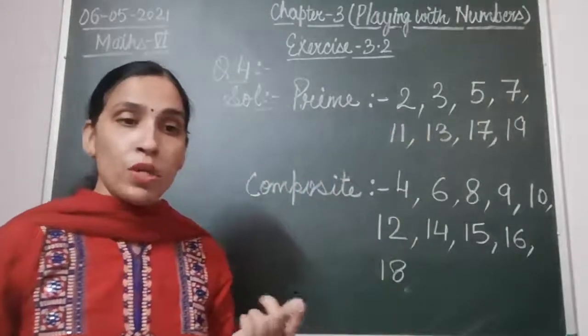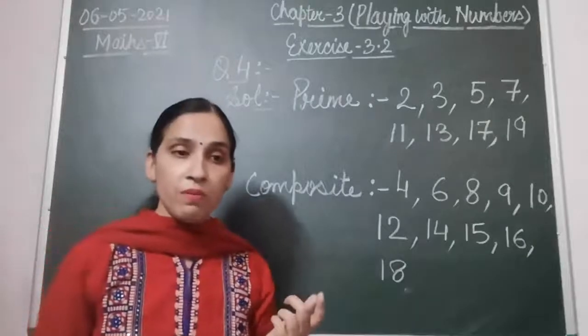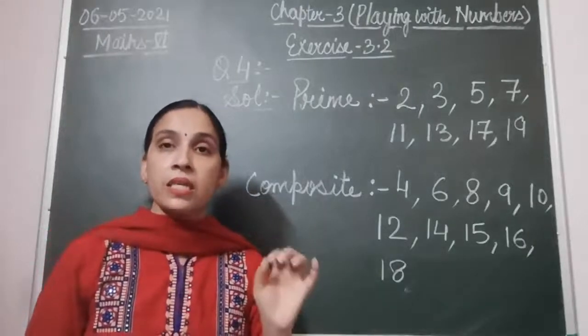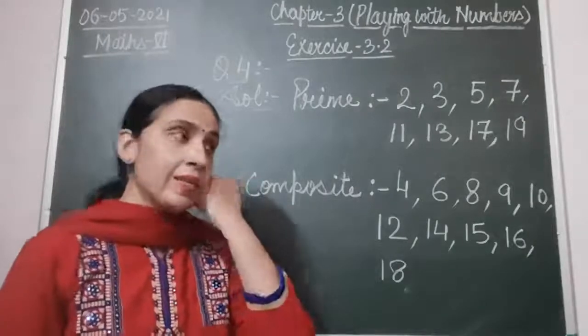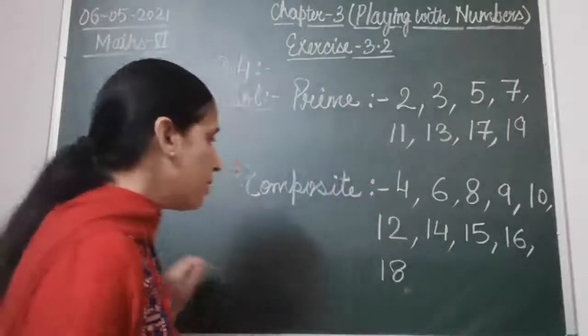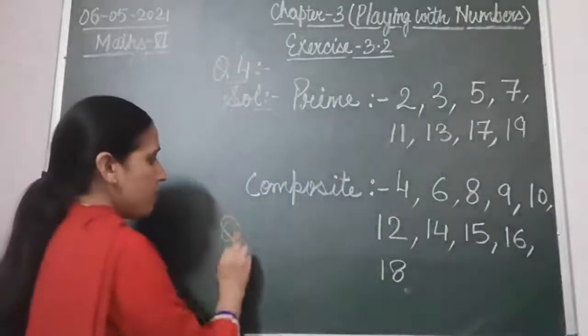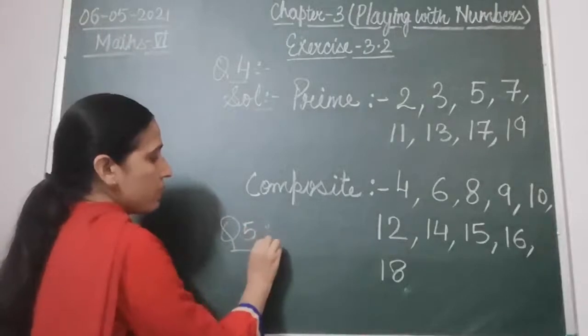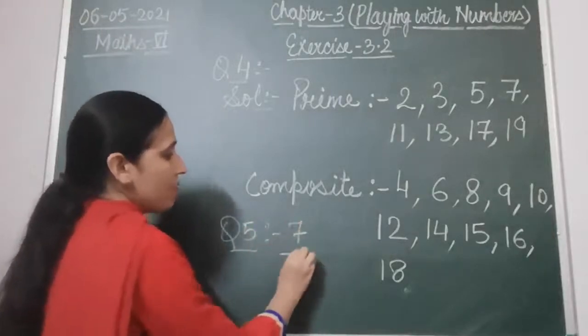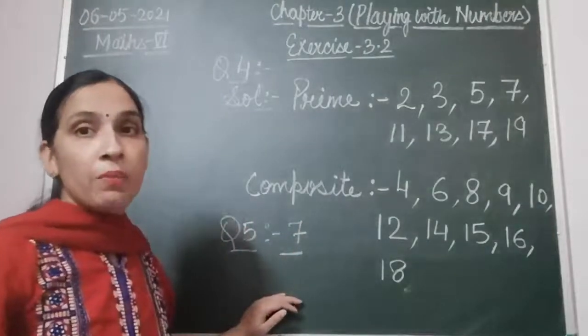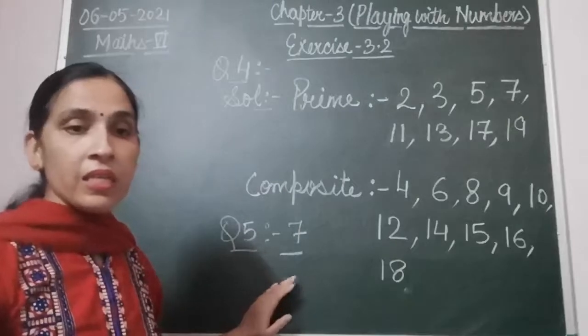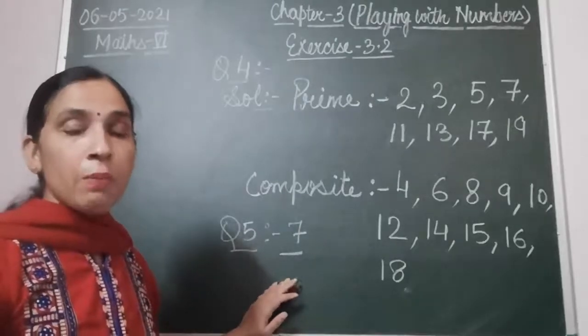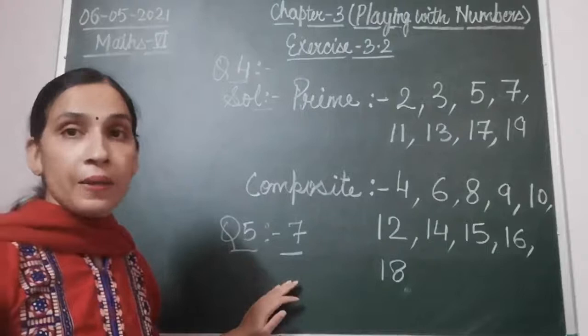Fine. So what is question number 5? Question number 5 is, what is the greatest prime number less than 10? The answer is 7. 7 is the greatest prime number between 1 and 10.